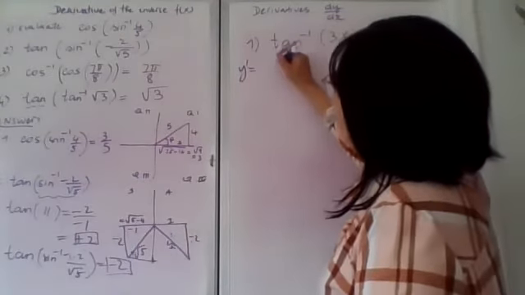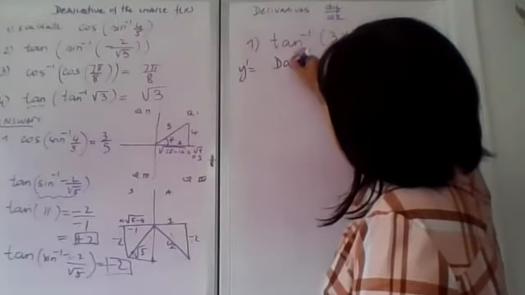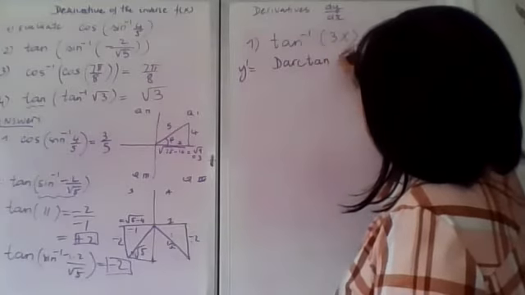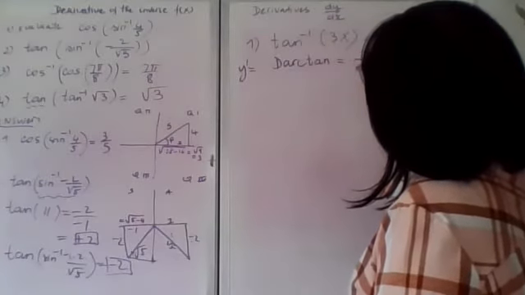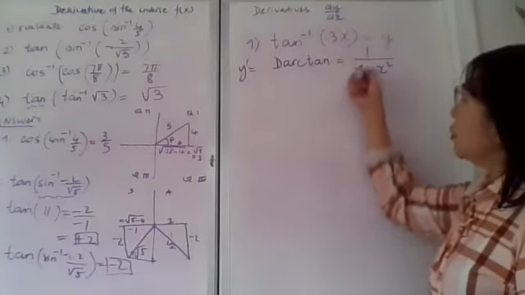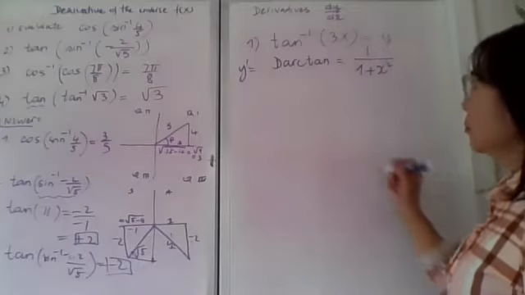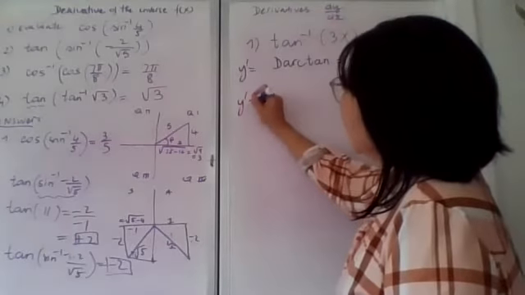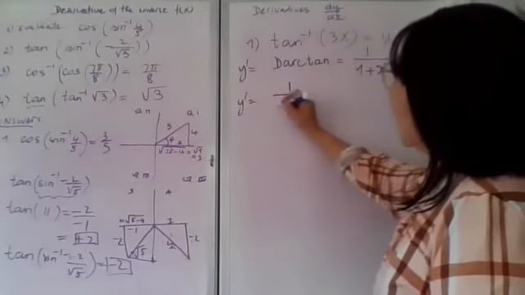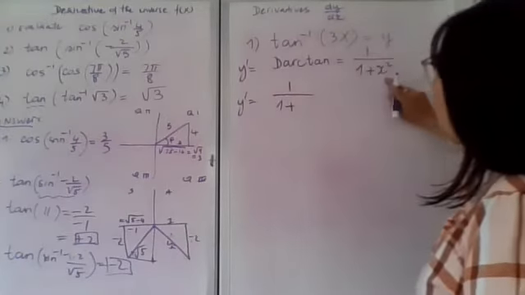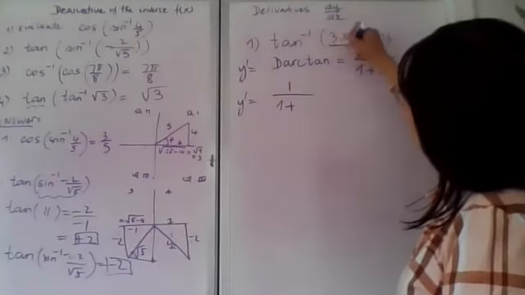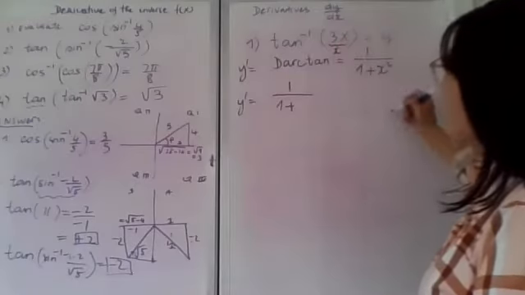Remember the derivative of inverse tan x is 1 over 1 plus x squared. So now we're going to use the formula here. y prime will be equal to 1 over 1 plus, our x here stands for the angle, so the whole group here stands for x, right?